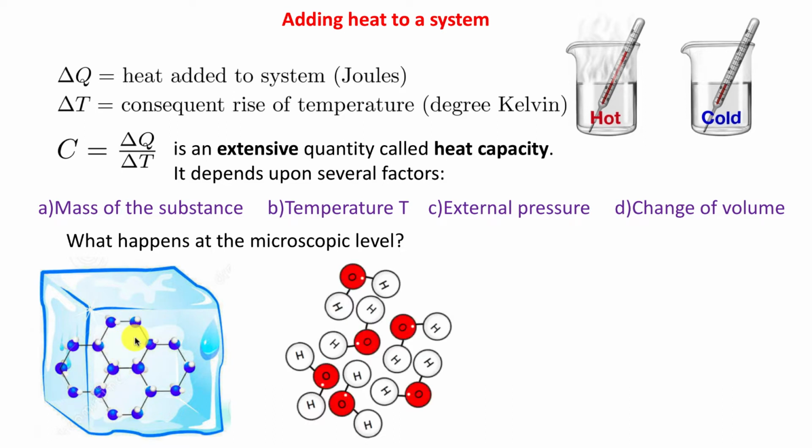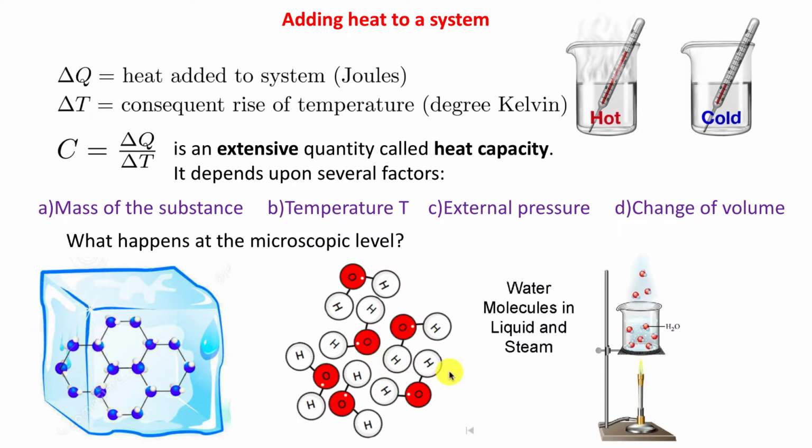So then you can have fewer bonds. Now it's going to take energy to break these bonds. If you give more energy, in other words, if you add more delta Q, then of course the water molecules are going to be able to escape from each other and turn into steam.